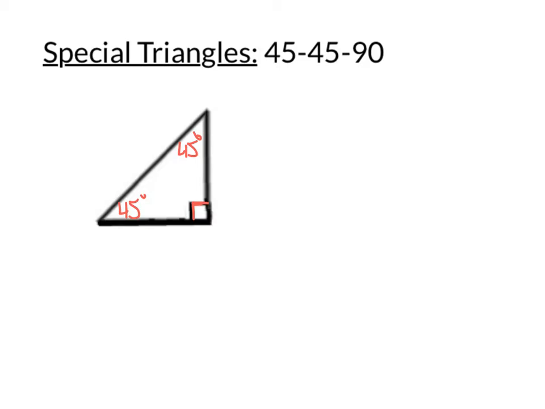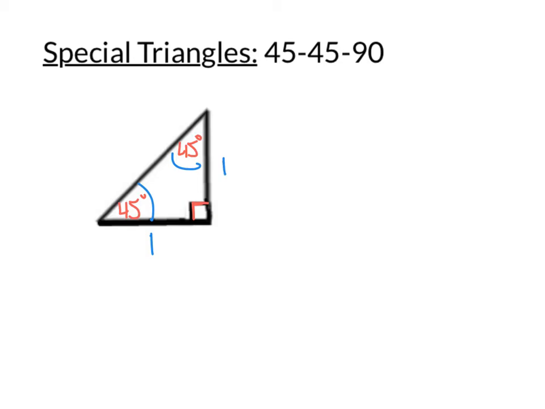Now, what I expect from you is to understand the ratio of the three side lengths. So if we started with one side having a length of 1, well, since we have these two congruent angles, that means their opposite sides are congruent as well. So if the base has a length of 1, so does that height.